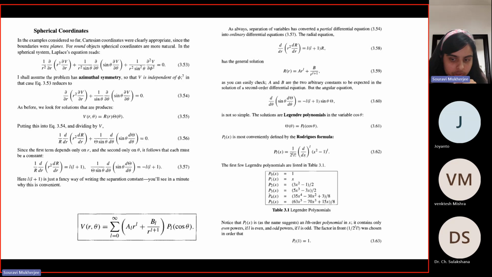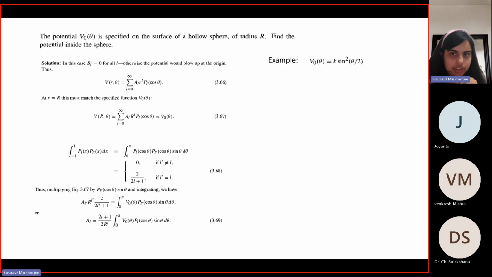So when you have this potential expression, you can write it in a simpler form as k by 2 times (1 minus cos theta), where the first term is nothing but P0 cos theta, and the second term is nothing but P1 cos theta. So you have already written your potential in terms of Legendre polynomials.